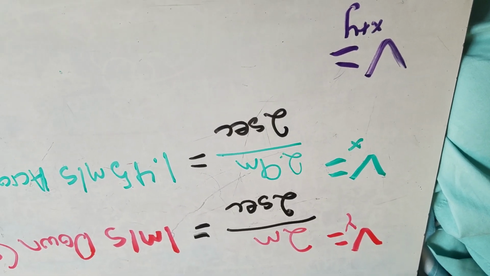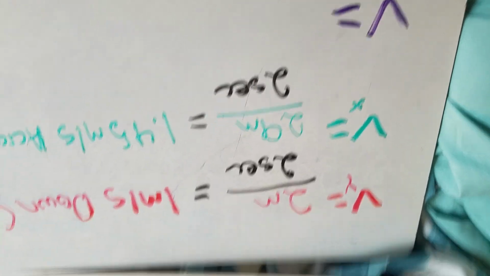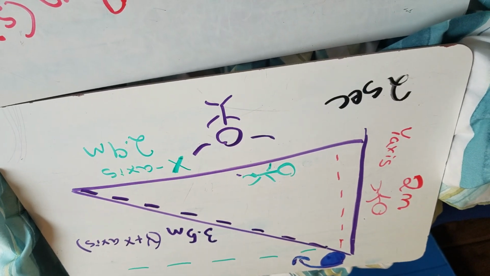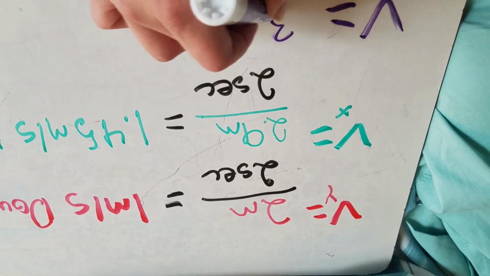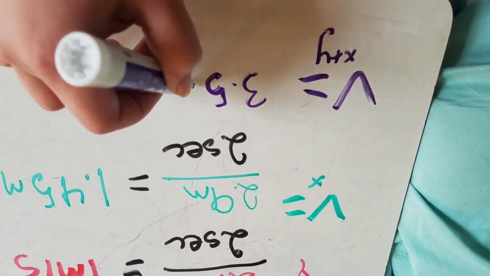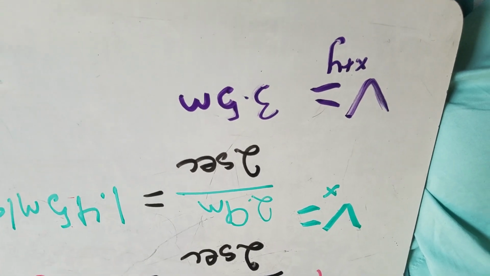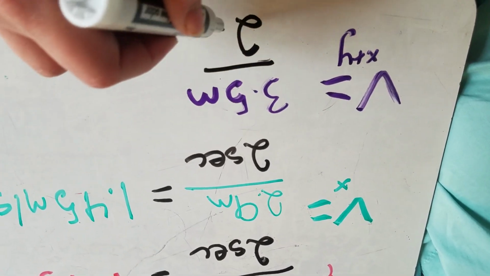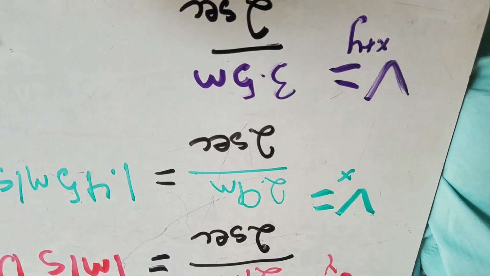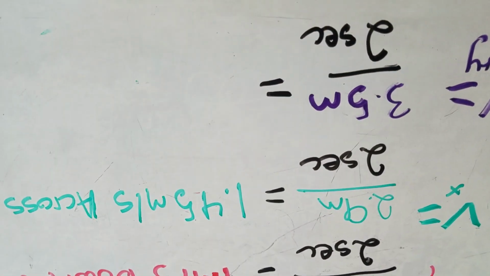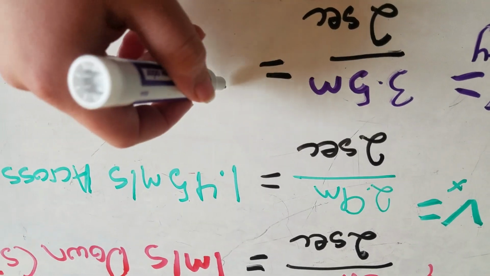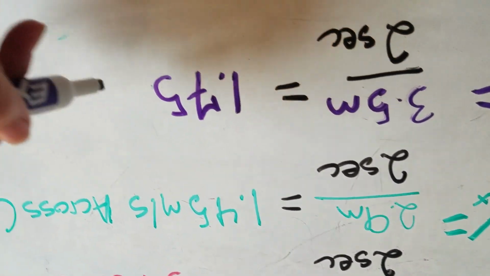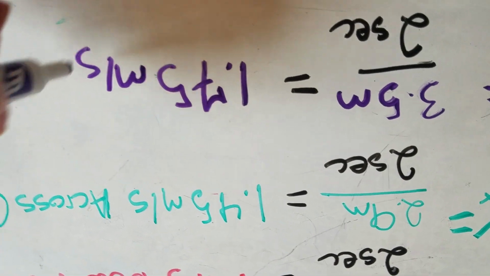All right. The last one, we had that the hypotenuse, or purple, or y plus x, is 3.5 meters. That, again, is over 2 seconds. And that's going to come out to 1.75 meters per second.